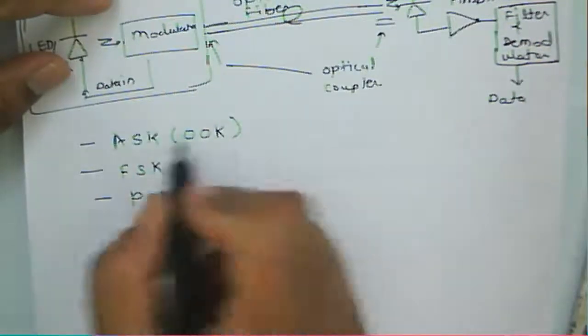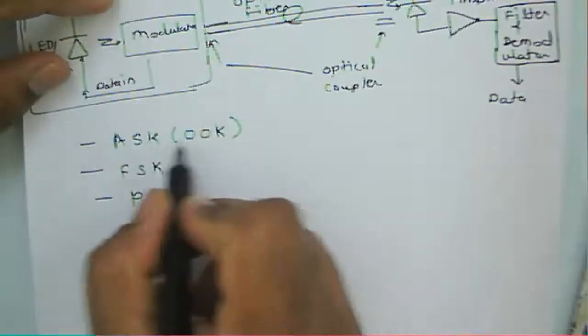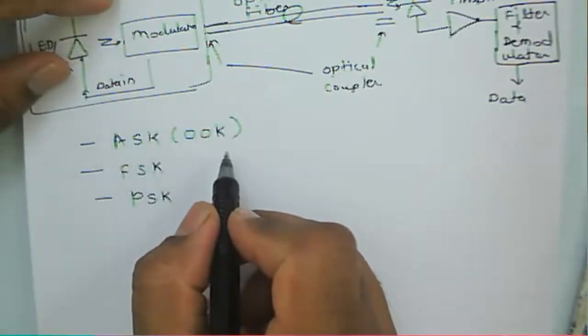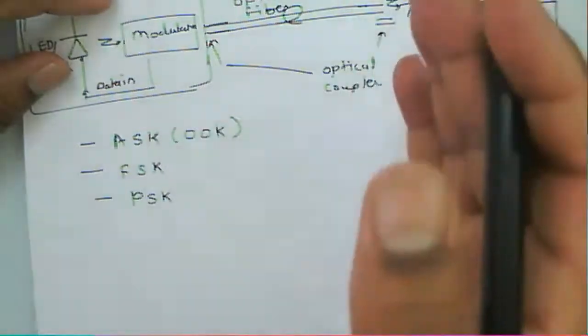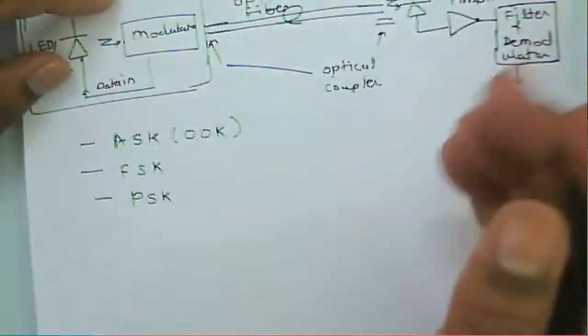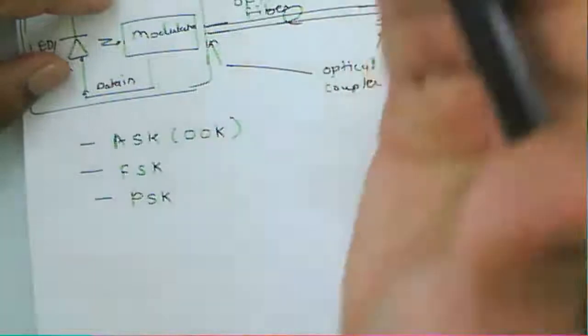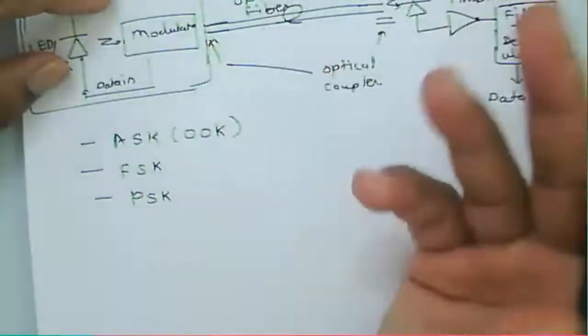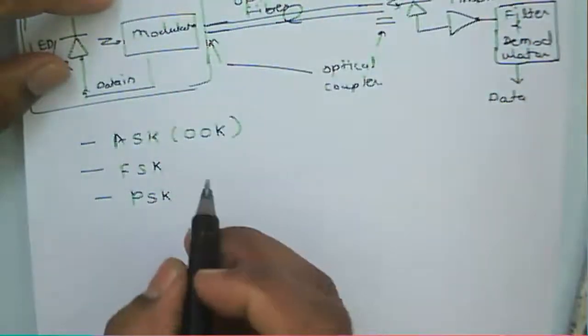According to that, your amplitude will vary. For example, for bit 1 the amplitude is increased, and for bit 0 the amplitude is decreased. That is amplitude shift.